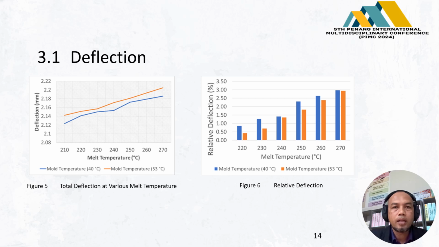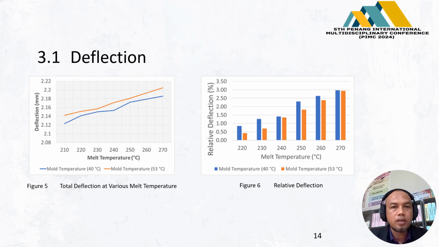To better understand how changes in melt temperature affect the deflection of the molded product, we use relative amplification as a key metric for analysis. Figure 6 displays the relative amplification values across all tested melt temperature levels.